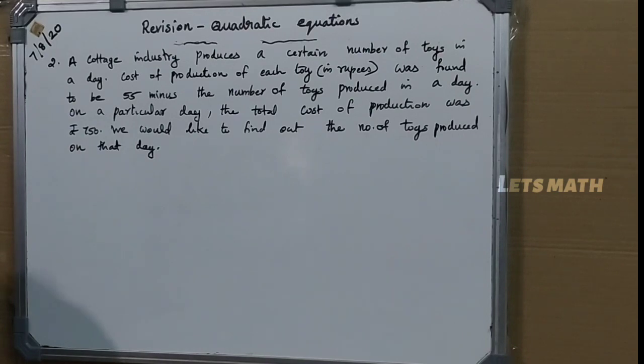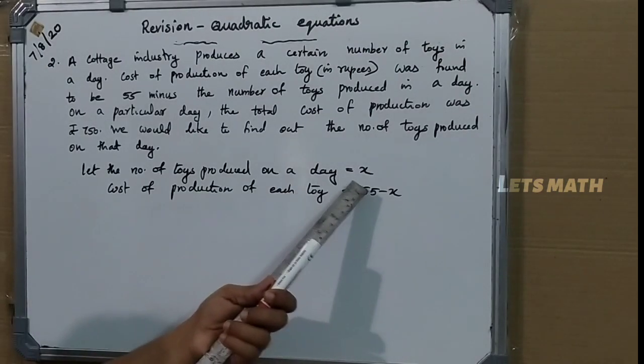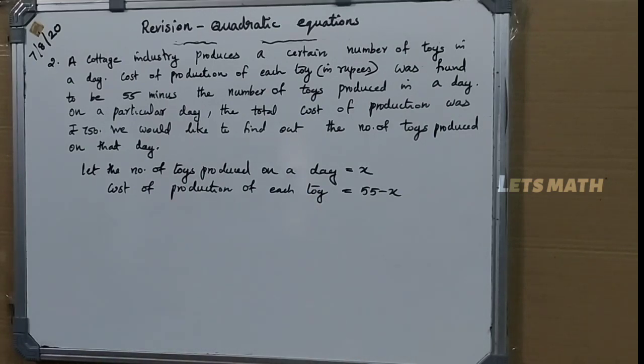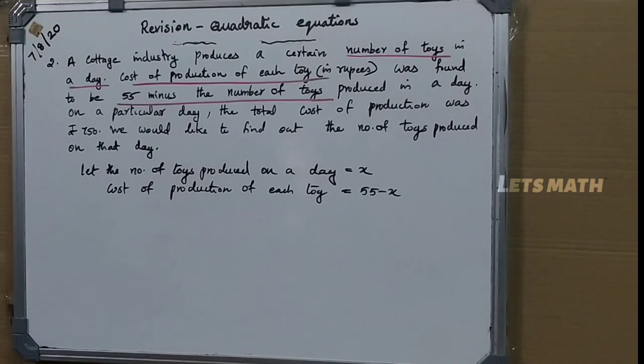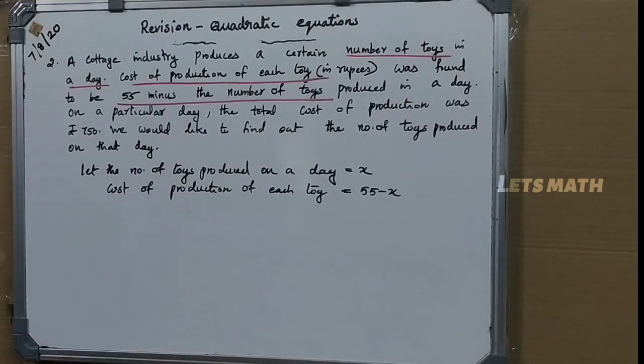So, let us start with, let the number of toys produced on a particular day be X. Then the cost of production of each toy equals 55 minus X. Now as per the question, the total cost of production was rupees 750.